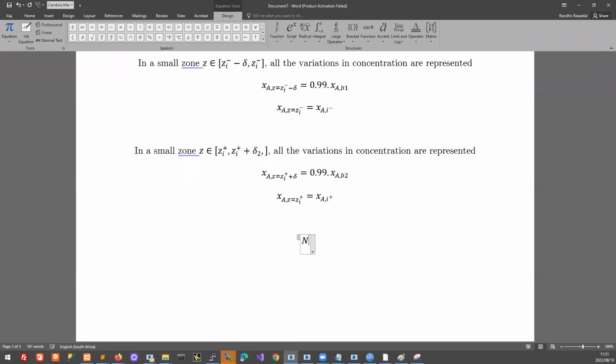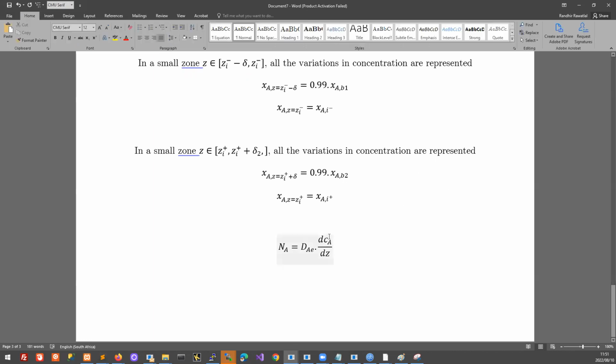Let's write that N_A equals D, diffusivity, and let's use that effective diffusivity. So molar flux equals diffusivity times dC_A/dz.